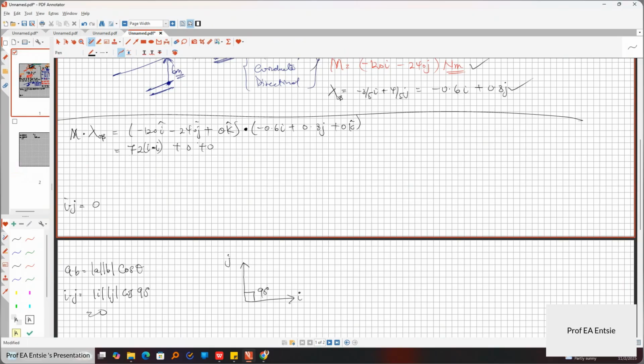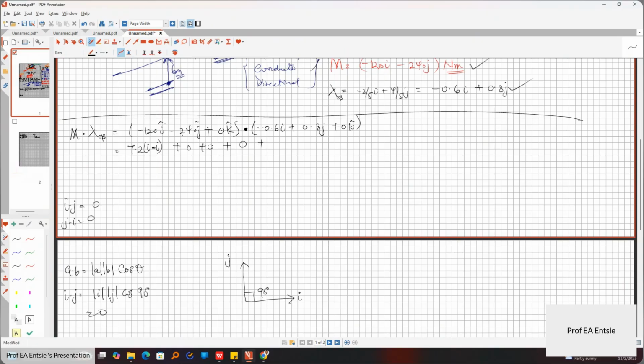I'll come to negative 240 times 0.6, which gives me minus 144, but you can see it's J dot I. I dot J is the same as J dot I, which is also 0. So everything will give me 0, 0, 0.